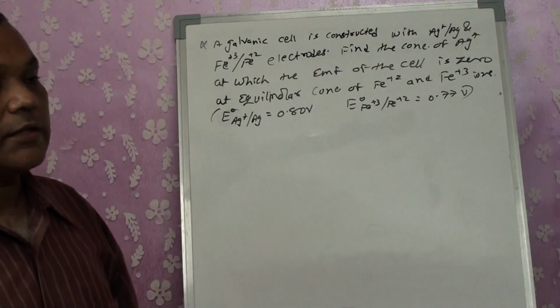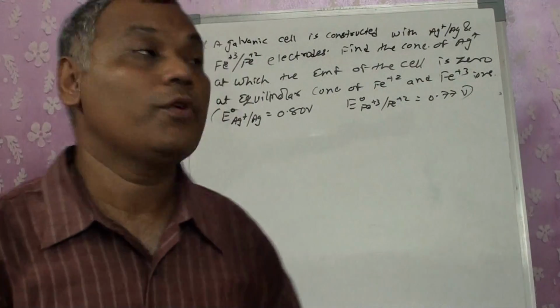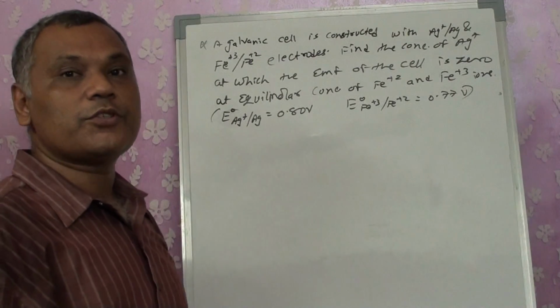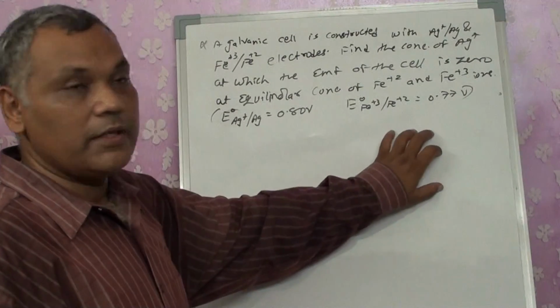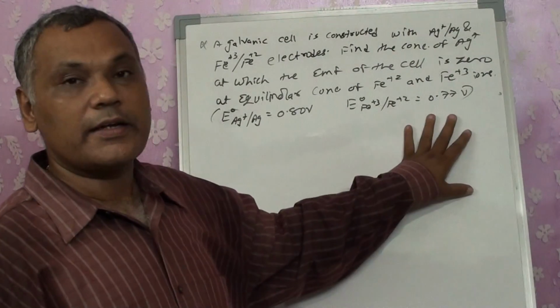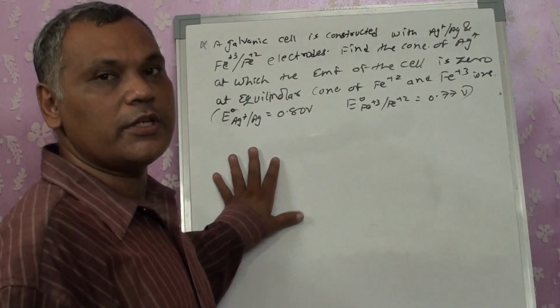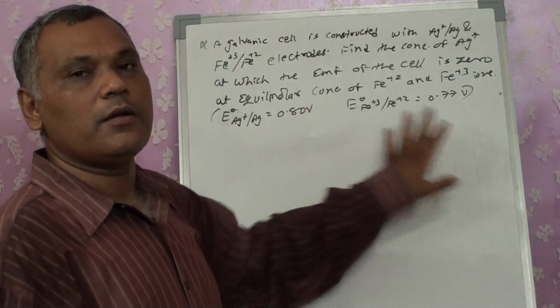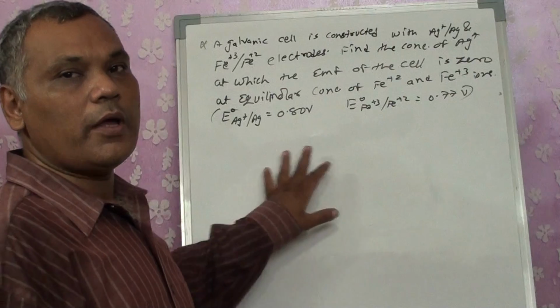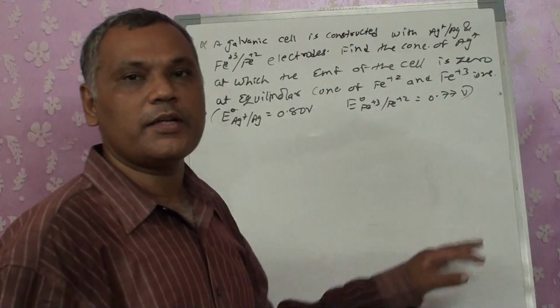And they are asking us to calculate the concentration of Ag plus solution. So first of all, can I say that Ag plus Ag has the higher reduction potential, so it will act as cathode, and Fe plus 3, Fe plus 2 is going to act as anode.